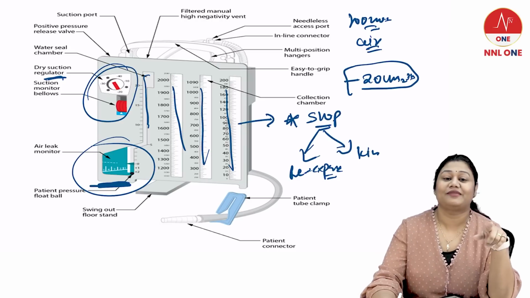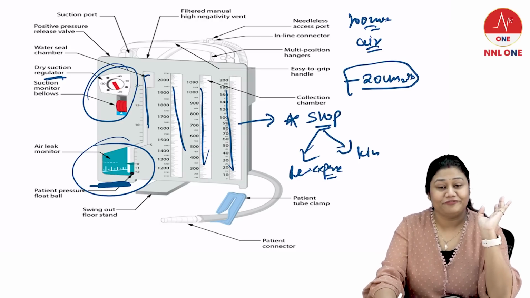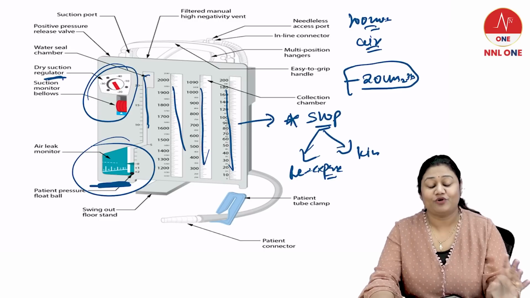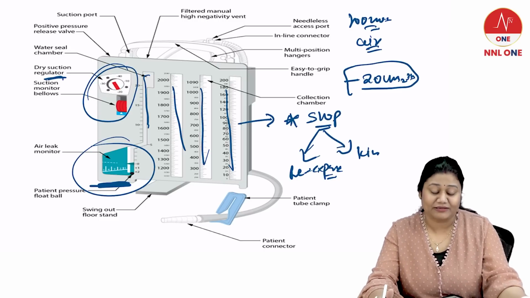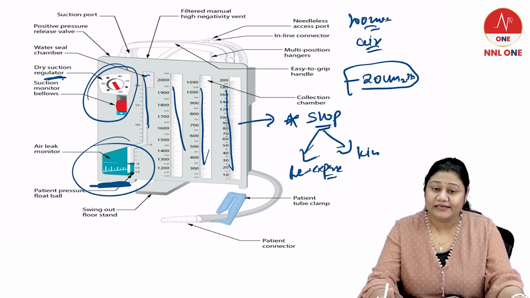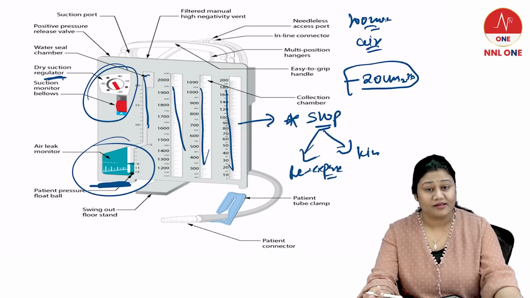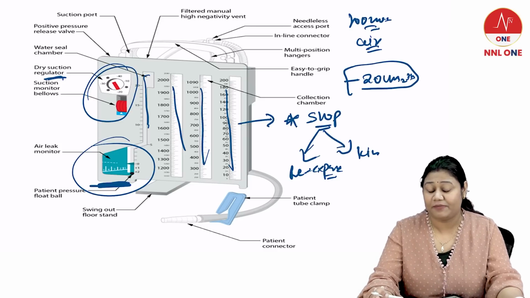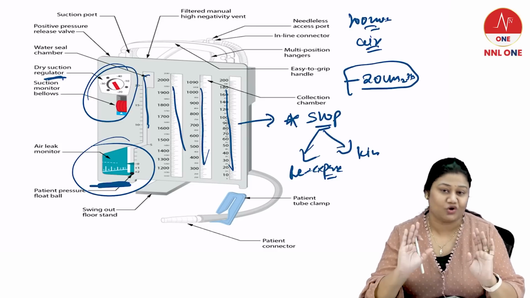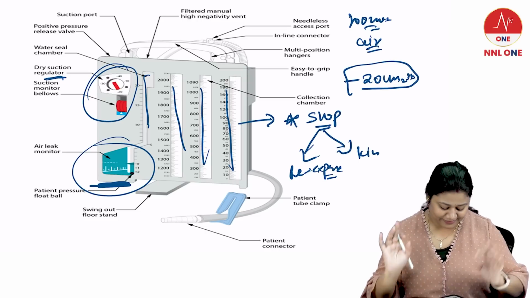You have to show them that you know everything. In case you have a wet suction chamber in the underwater seal drainage, there will be continuous bubbling, right? So if the question says continuous bubbling in suction chamber, that means it is normal. If the question says continuous bubbling in water seal chamber, this is not normal, it indicates air leak.